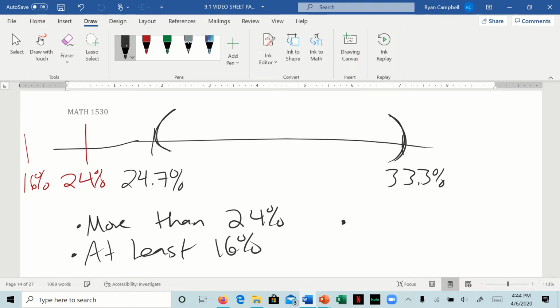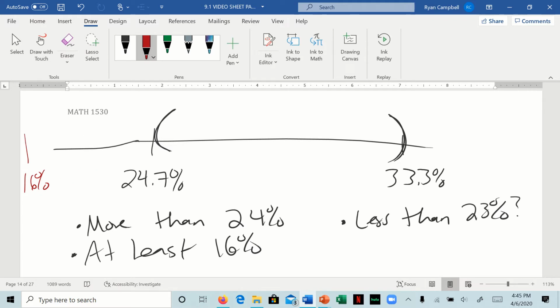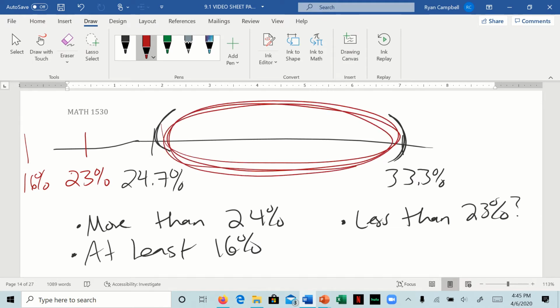Could we say that less than 23% purchase books online? 23 would definitely be down here, but all of the values within the confidence interval are above it.